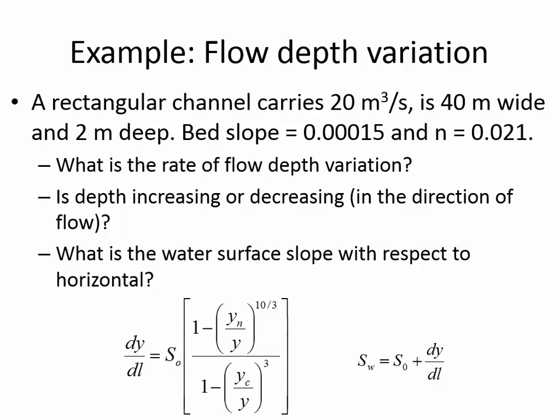It is getting 1.39 times 10 to the minus 4th meters deeper for every meter of length in the direction of flow. So it's not getting deeper very fast. It's getting deeper really, really slowly. But it is getting deeper in the direction of flow. Is the depth increasing or decreasing? It's increasing because that's not a negative number.